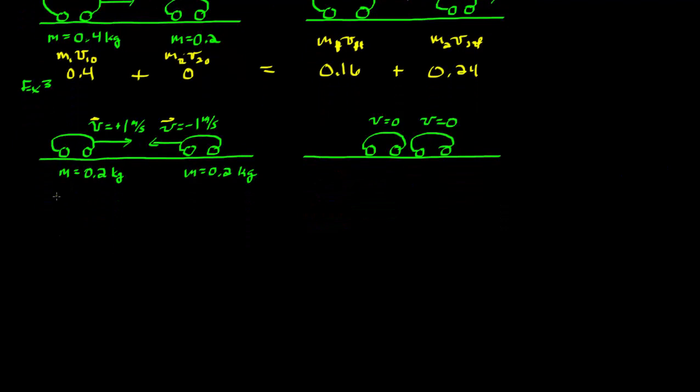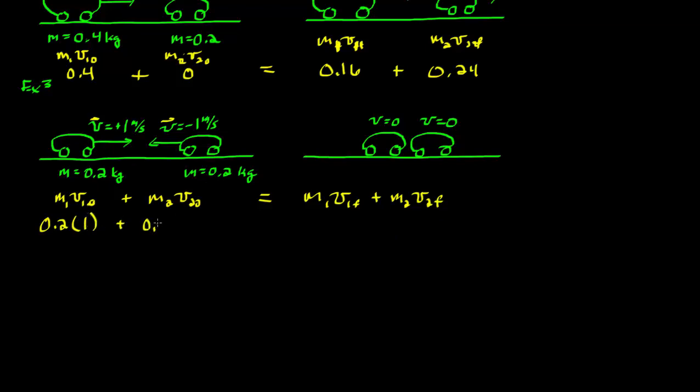So we're going to check mass 1, V1 initial, plus mass 2, V2 initial, and see if that's equal to mass 1, V1 final plus mass 2, V2 final. So now let's plug everything in. It's 0.2 times the initial velocity 1 plus mass 2, 0.2 times the initial velocity negative 1.